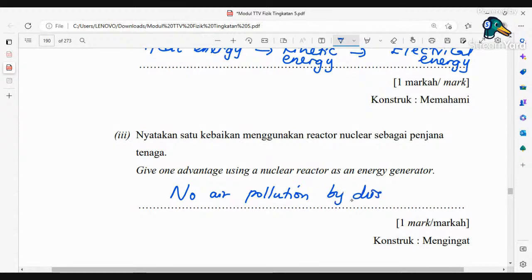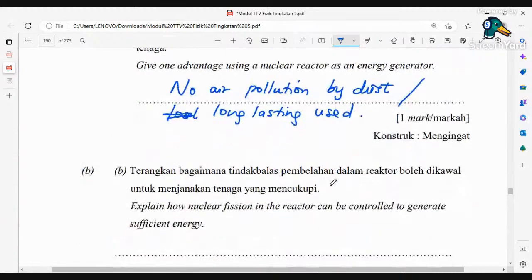And also long lasting use. Normally a long half-life nucleus or radioisotope will be used, so that it does not need to be replaced for a longer time, as a safety measure. So this is an advantage of using a nuclear reactor.